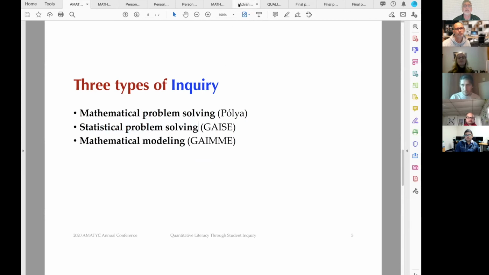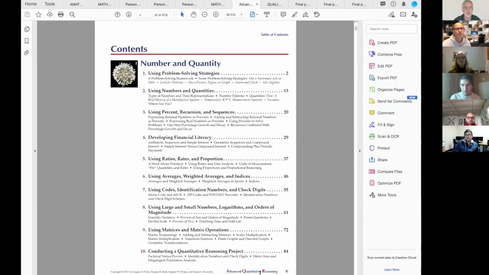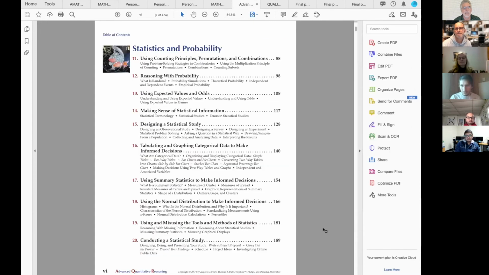Now, one other thing I haven't mentioned is the textbook is structured so that it talks about conducting a quantitative reasoning project at the end of the first unit. And there's a lot of guidance on how to conduct a statistical study. In fact, much of the statistics work is about designing a study and using information to make informed decisions, and what some of the pitfalls and biases are in conducting a statistical study.